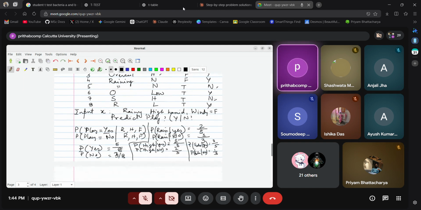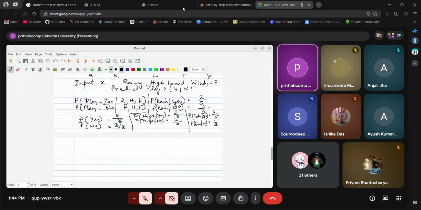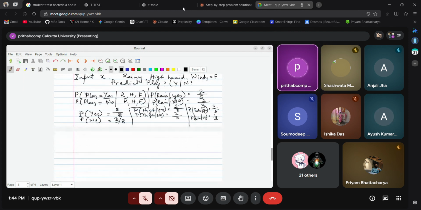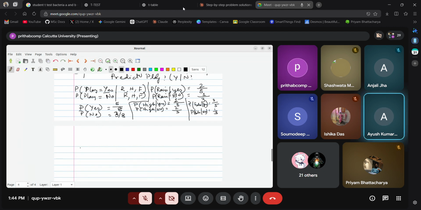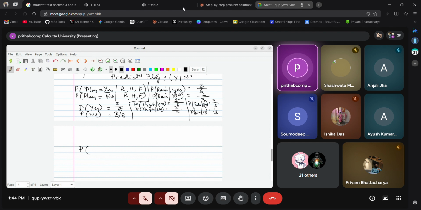So done. Now with this I have to compute the values, right? Then probability of play equal to yes given RHF. So this comes out to be, I have to consider all these yes parts, isn't it?